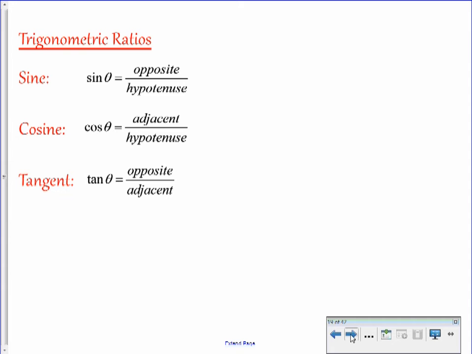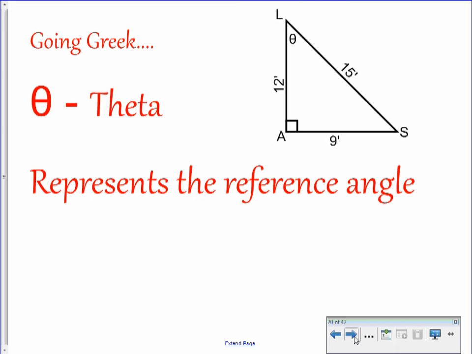Now you'll notice that there are two pictures there on your paper. What is tricky about trigonometry is that you have different perspectives that you can look from. So first of all, that little zero-looking thing is called theta. Theta is a Greek letter. It is the reference angle.